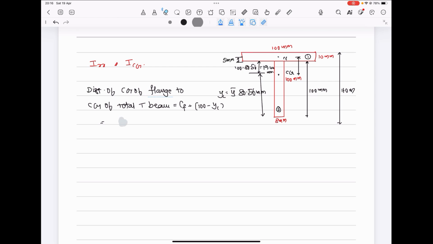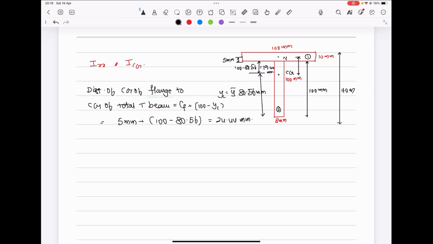CF is 5 mm plus 100 minus 80.56, that is equal to 24.44 mm.